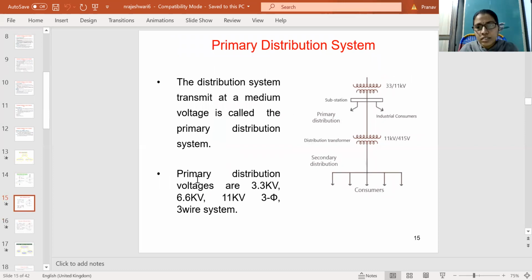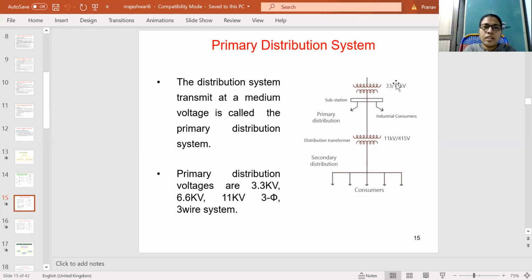Coming to the primary distribution system, as we already saw in the above figure, this is primary distribution and secondary. The distribution system that transmits at a medium voltage is called the primary distribution system. In the primary distribution, voltages are 3.3 kV, 6.6 kV, 11 kV, three-phase, three-wire systems. That means the generated voltages are available at primary distribution systems.